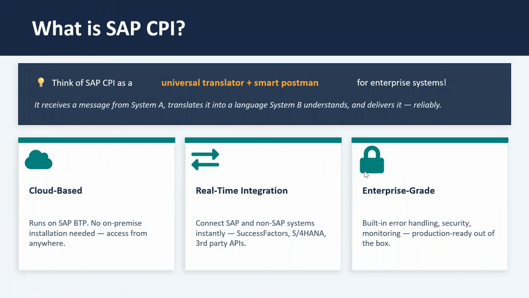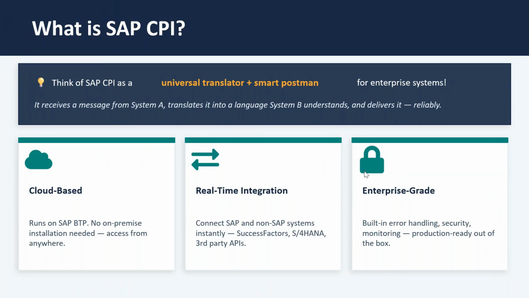You have to have scheduled jobs that will run and pick the data that you need and transmit the data on the go. So SAP CPI solves this problem. This CPI acts as a middleware, and it will connect two systems so that they can share data and work together. Simple.